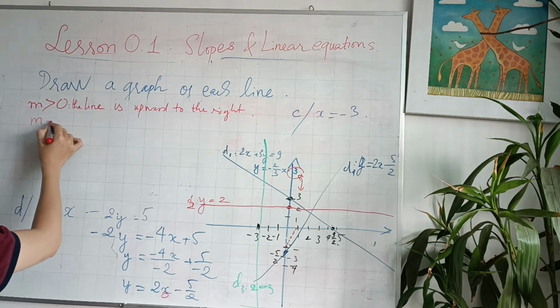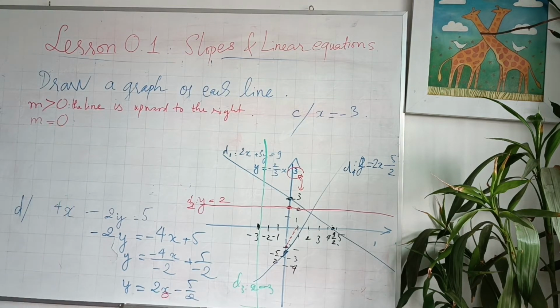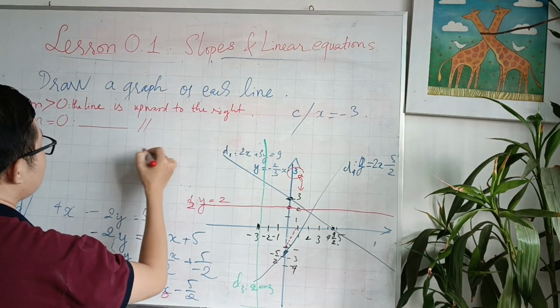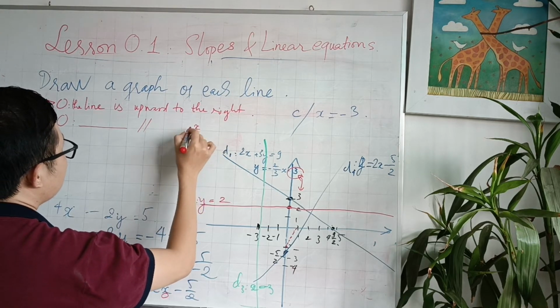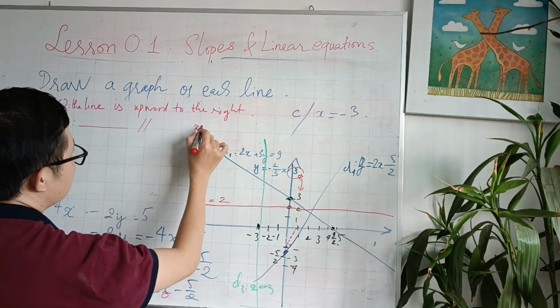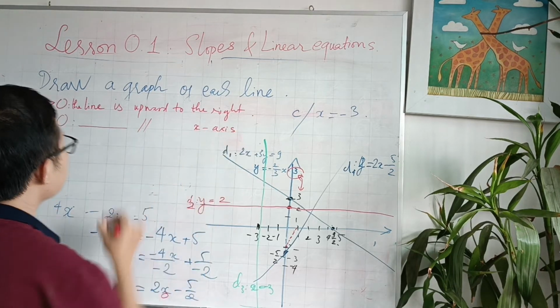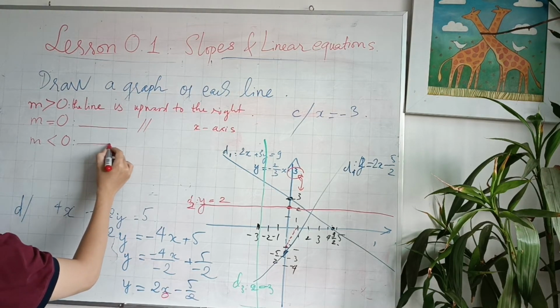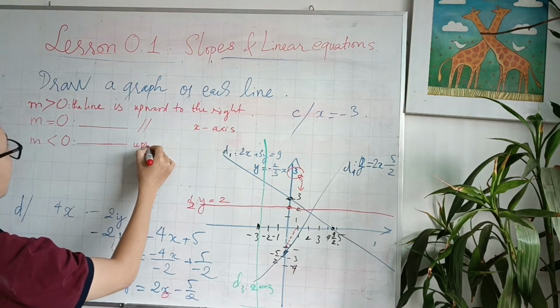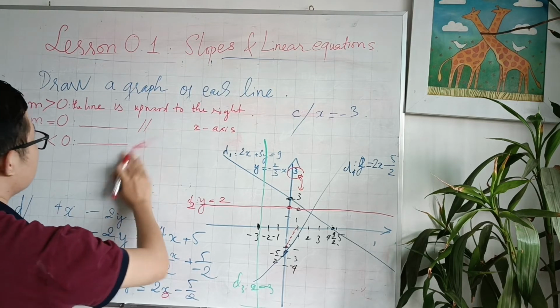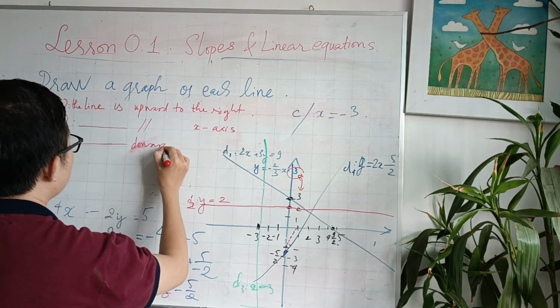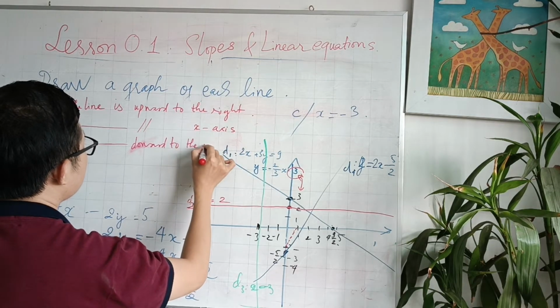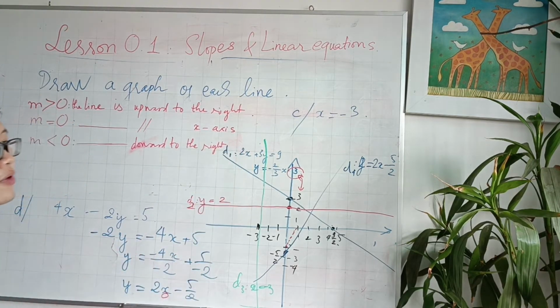When m equals 0, the line is parallel to the x-axis. When m is a negative value, the line is downward to the right, or maybe we can say it is upward to the left.